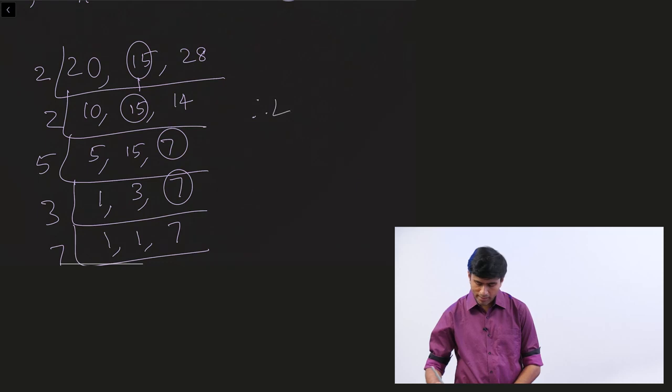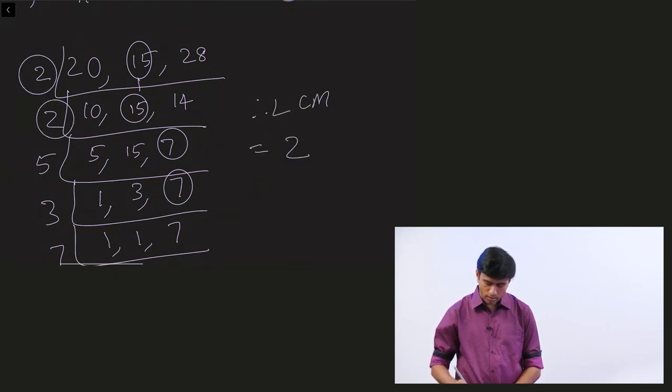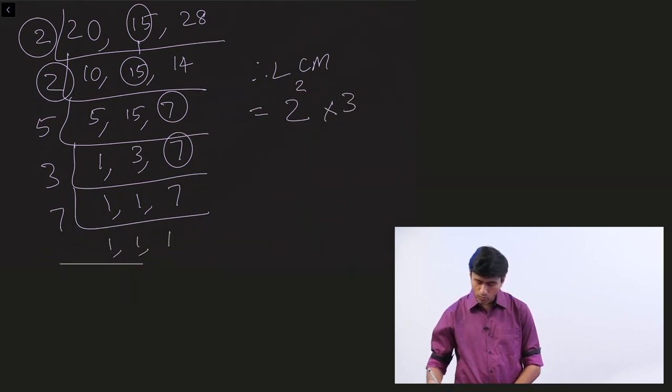Therefore, what is the LCM? How many 2's are there? 1, 2 into 1, 3, 1, 5 and 1, 7. If you multiply this, you will get 4 into 105, that is 420.